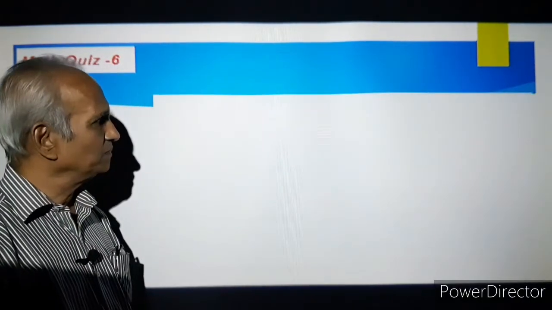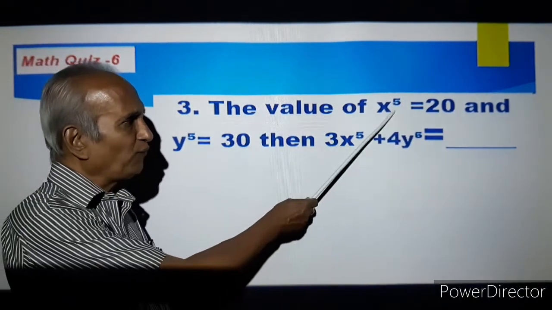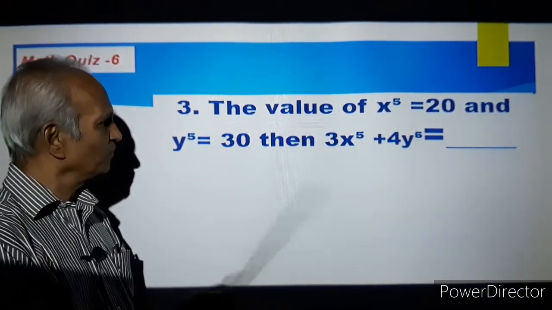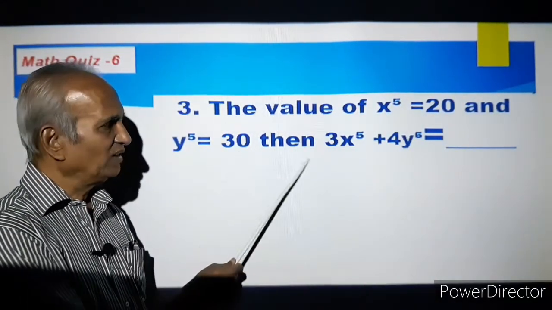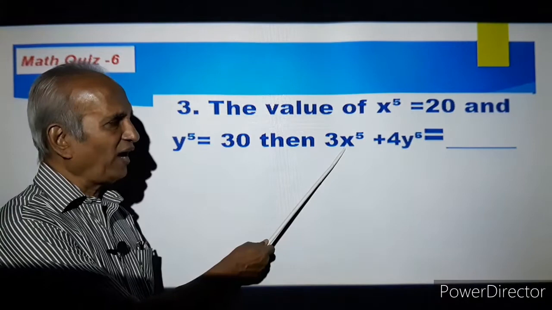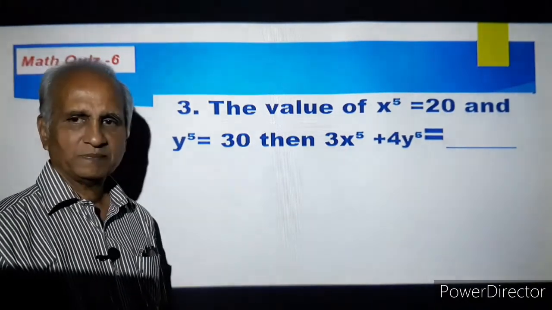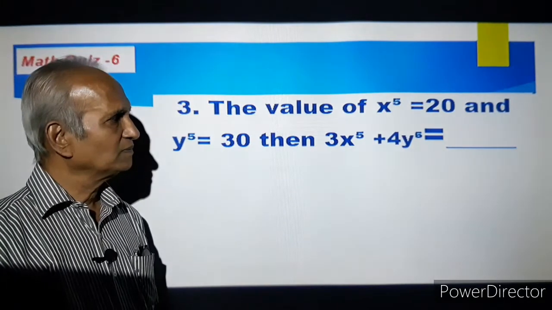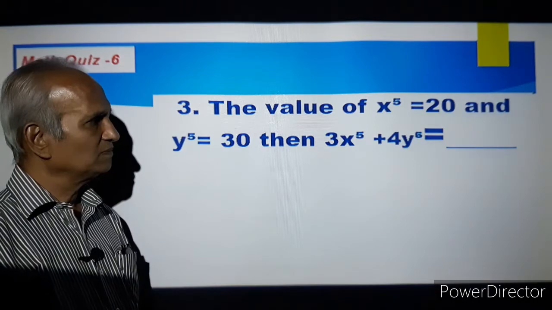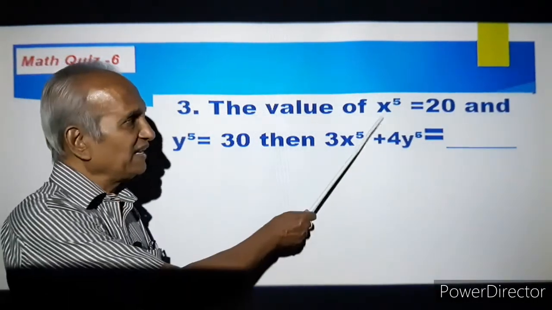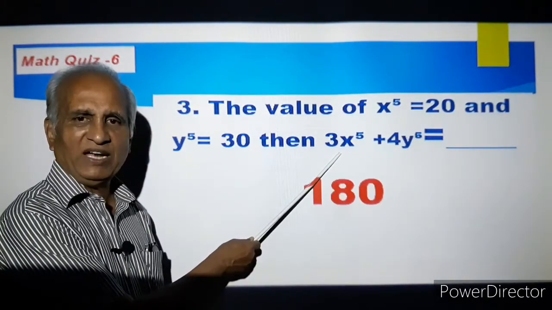Third question. The value of x to the power 5 is 20 and y to the power 5 is 30. Then 3x raised to 5 plus 4y raised to 5 is... x raised to 5 is 20, so substitute the value here.